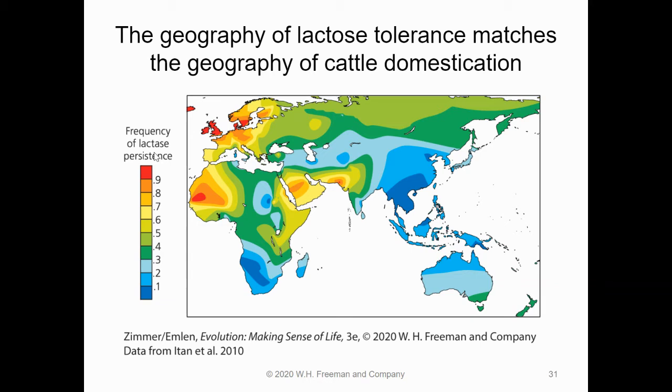However, in regions of the world where they have dairy cattle, all of a sudden we can drink milk from a different mammal, cow's milk, that still has lactose in it. Those who have lactase persist past childhood can eat milk products without a problem.